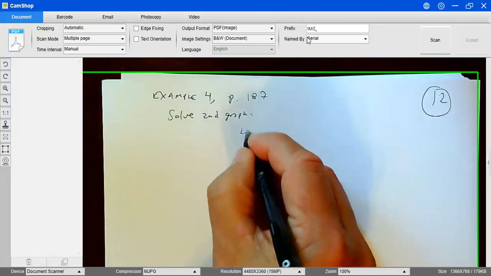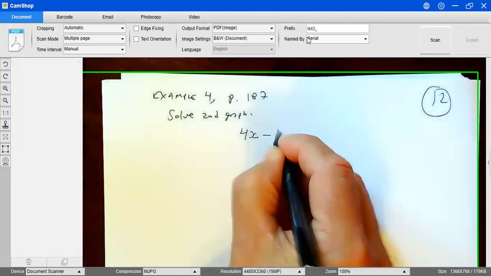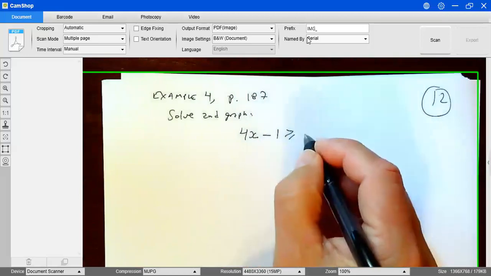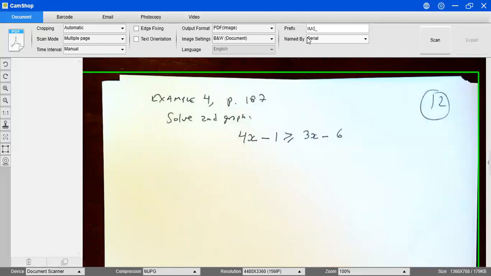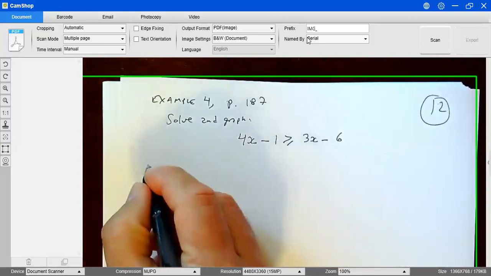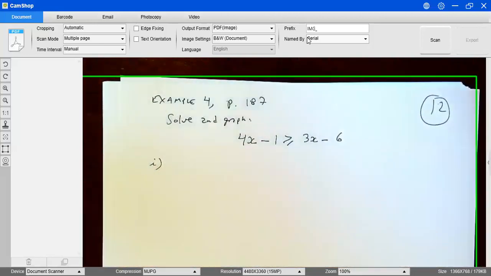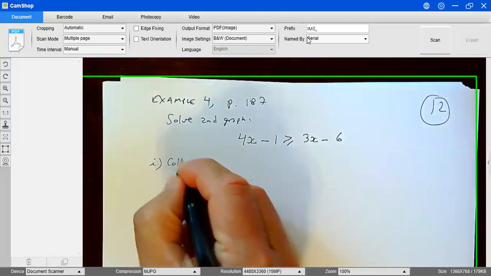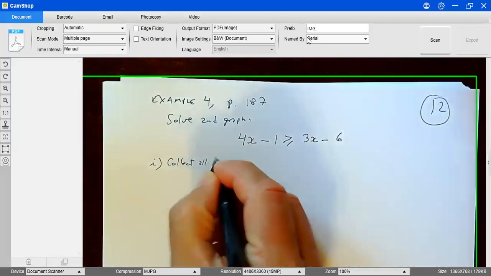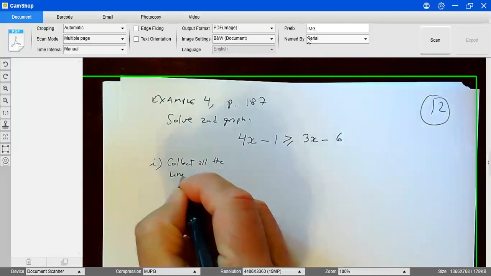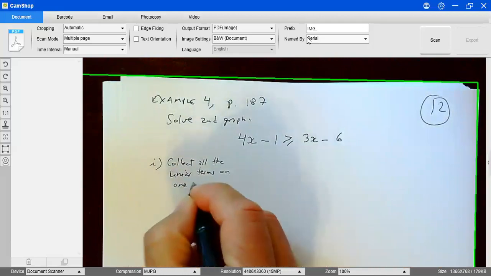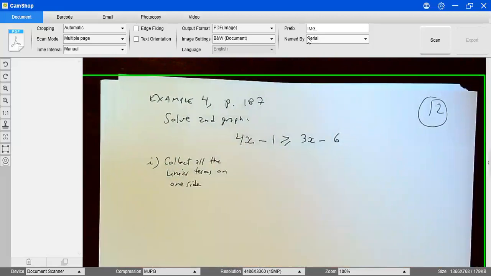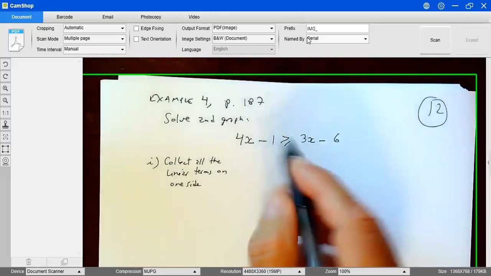So now we have 4x minus 1 greater than or equal to 3x minus 6. So first step, we're going to collect all the linear terms on one side of the inequality. So I'm going to move this 3x to the left-hand side.